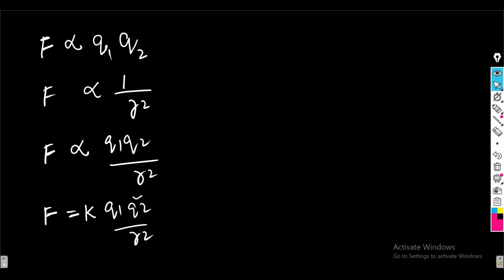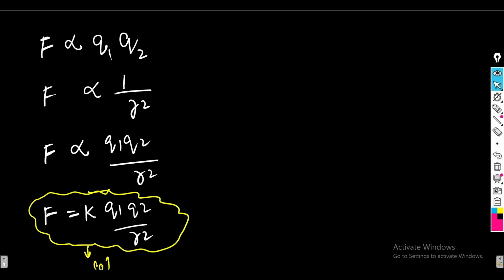Okay, and this expression is actually the Coulomb law. This is the Coulomb law.